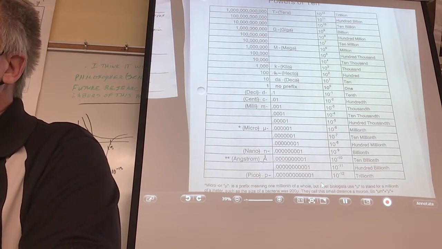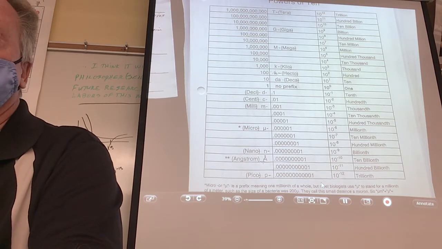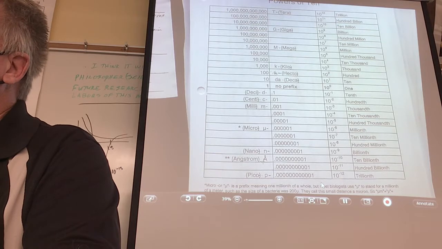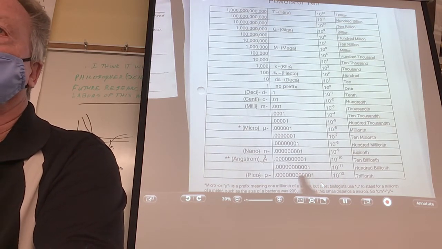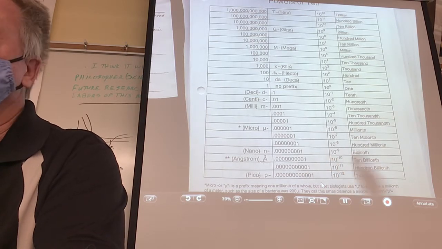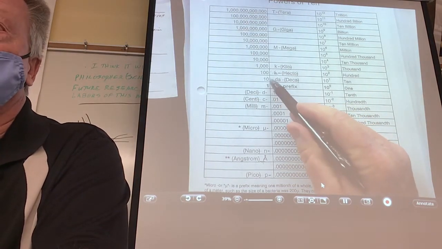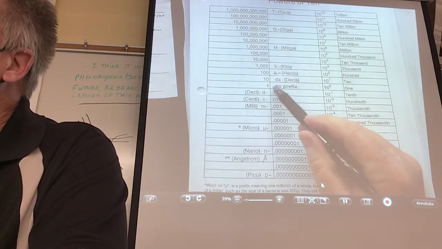So when they decided to do the metric system, a little before 1800, they said, how can we get the whole world to accept this system? Let's base it on something they already know. They already know how many dollar bills it takes to make a $10 bill. They know how many dimes it takes to make $1.